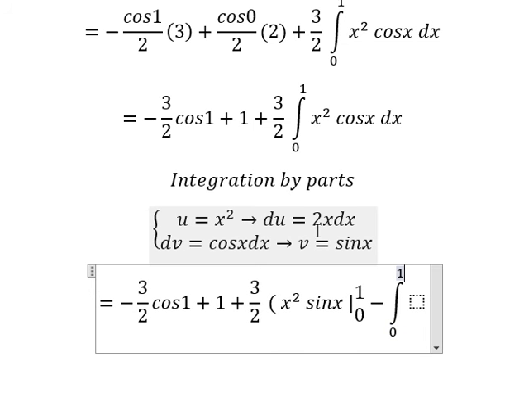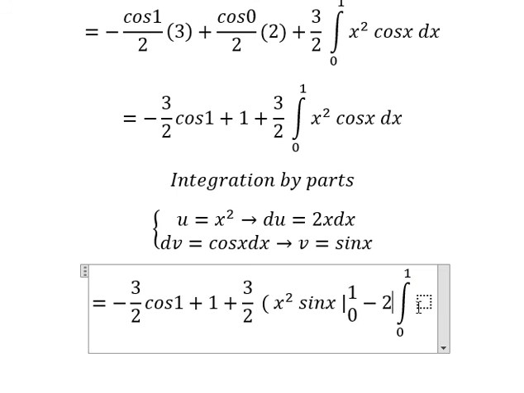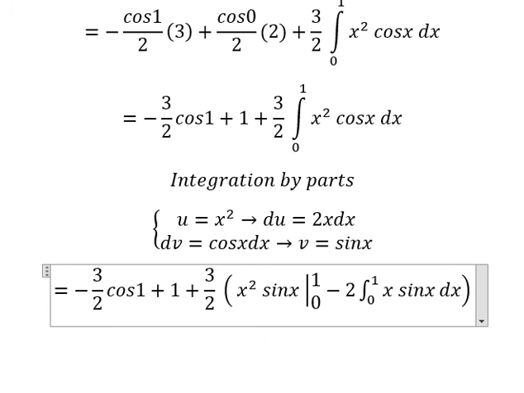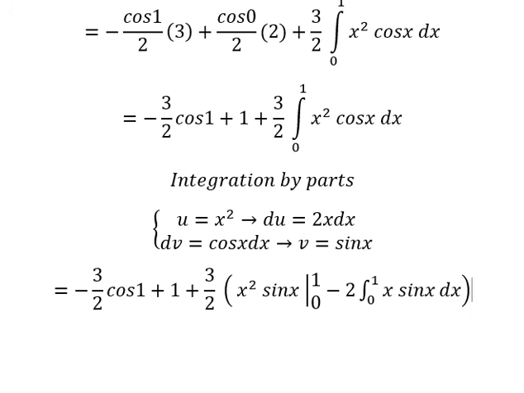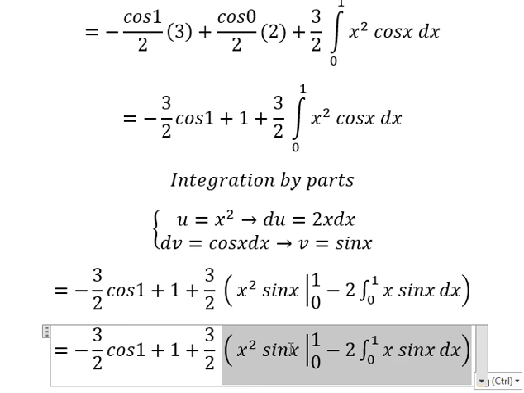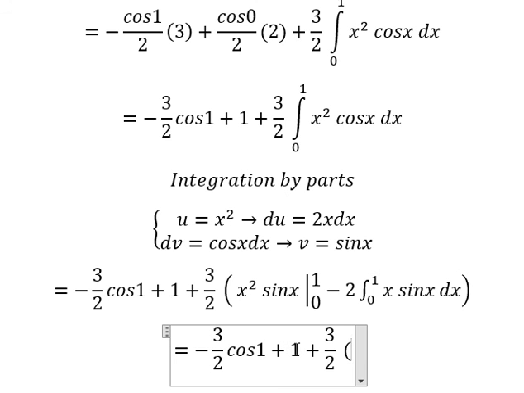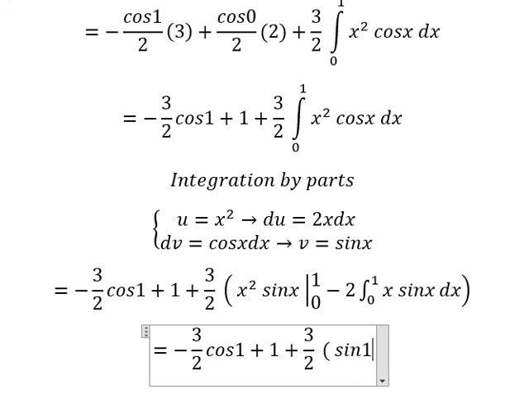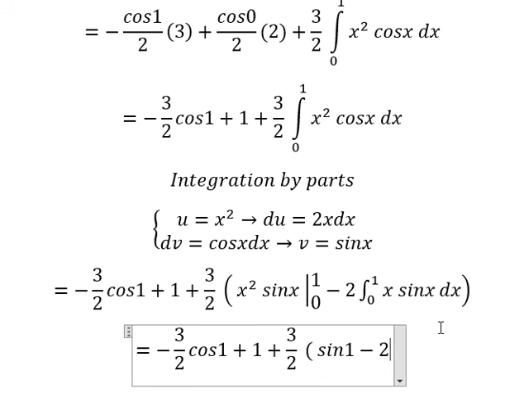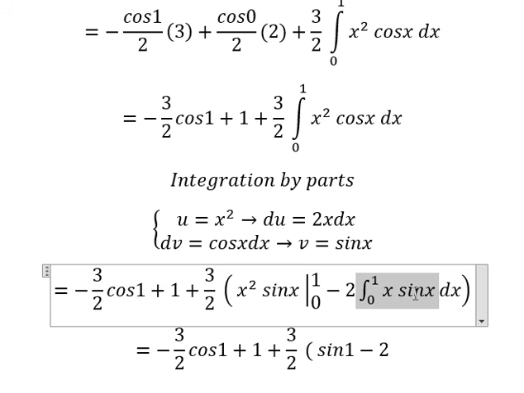We have u multiplied by v. So I will put number 1 and number 0 in here. And we have sine number 1. If we put number 0 in here, you got 0. Now we just have only this one left.